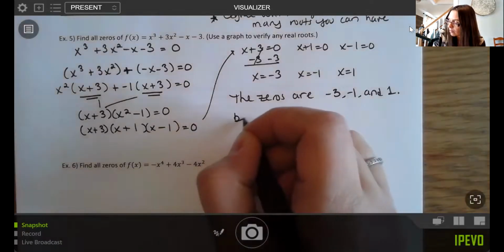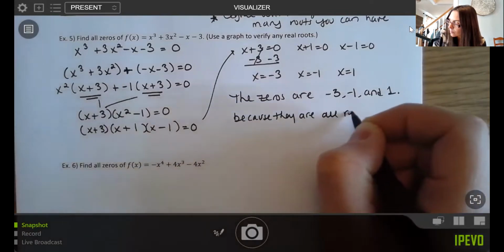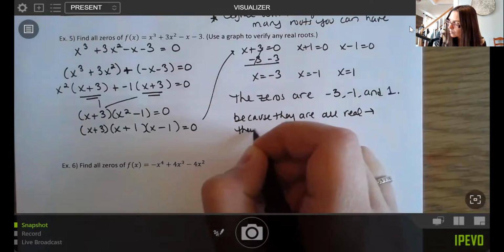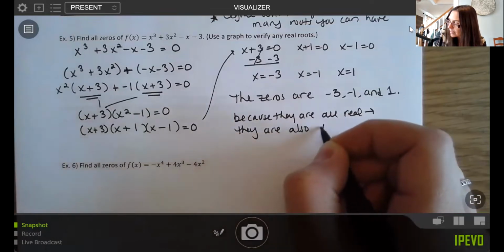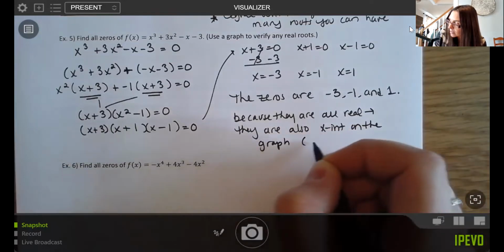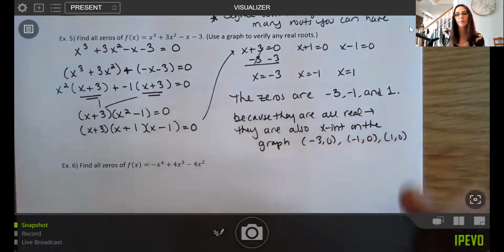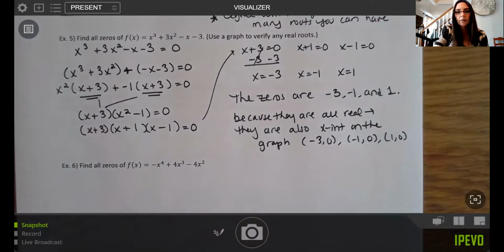Because they are all real, they are also x-intercepts on the graph. If you actually have real solutions here, you're going to see x-intercepts on your graph. And graphing is actually a nice way to check. So I'm going to bring that up so we can check this one. All right, just give me 1 minute to find my Desmos screen here.